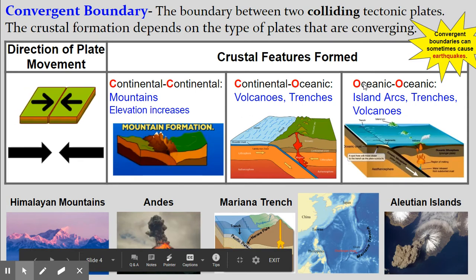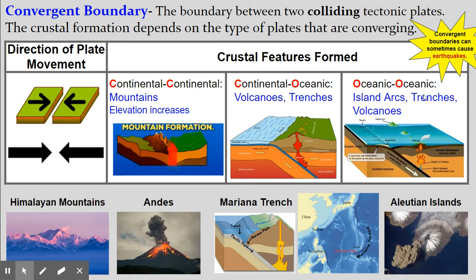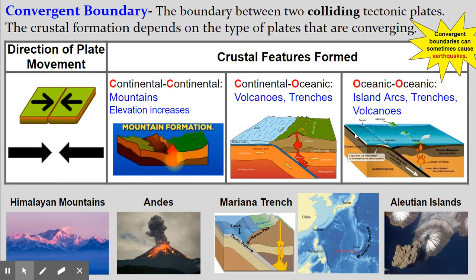Now, if we have an oceanic plate converging, colliding, or coming together with another oceanic plate, what we get for crustal formations are volcanic island arcs, trenches, or volcanoes. So here what you have is the older oceanic plate, which is more dense, going to subduct underneath the younger oceanic plate.